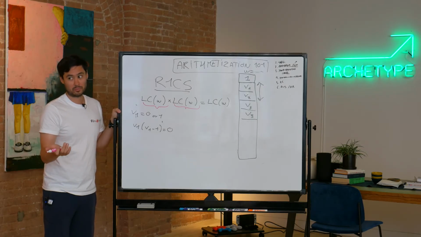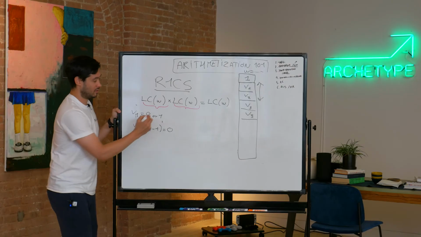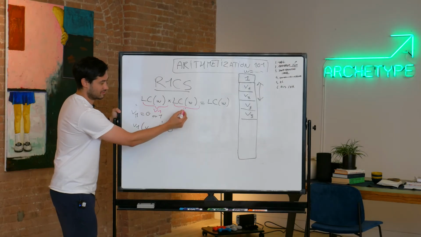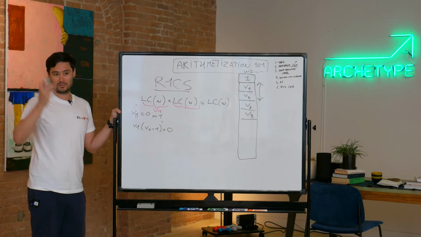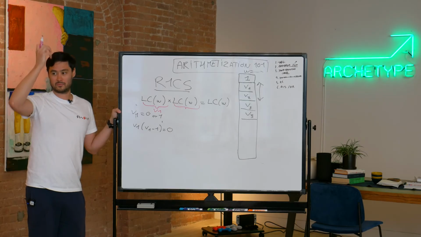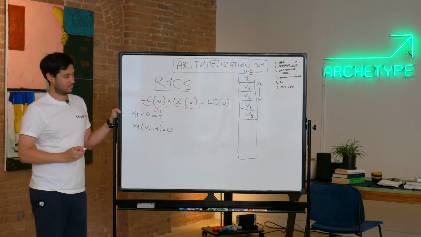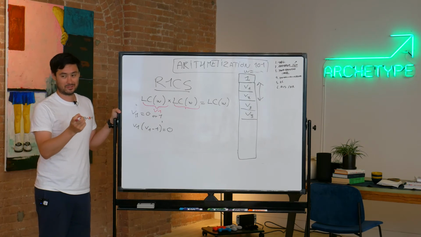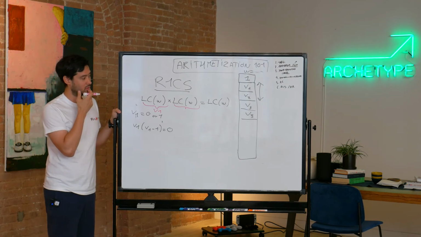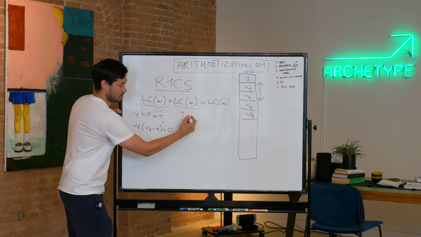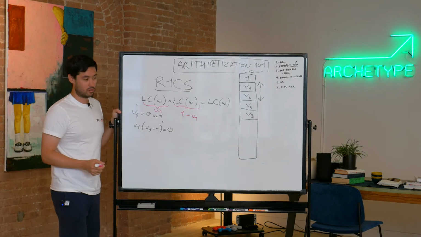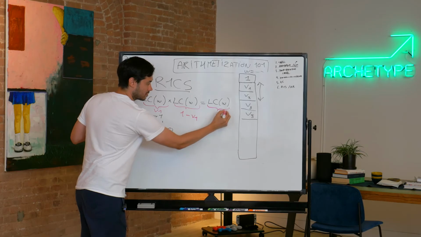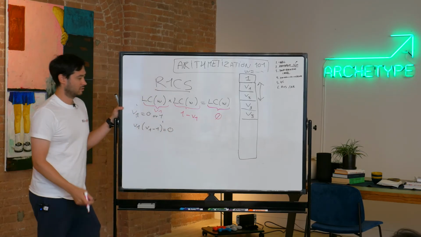I think you're on the right path. Just V1, right? So V1 here. What's the second linear combination? 1 minus V1. That actually works. And what about here? 0, right?